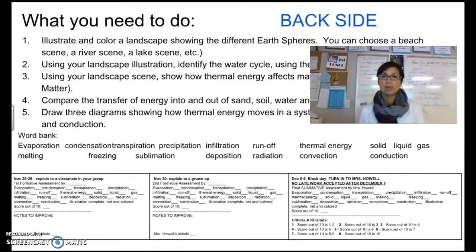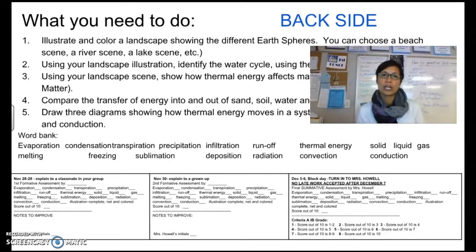This coming week after Thanksgiving, we are going to cover a review and then go in depth more on the water cycle and where water particles actually go throughout the Earth's 4 spheres. And then we're going to talk about how thermal energy moves in a system through radiation, convection, and conduction.